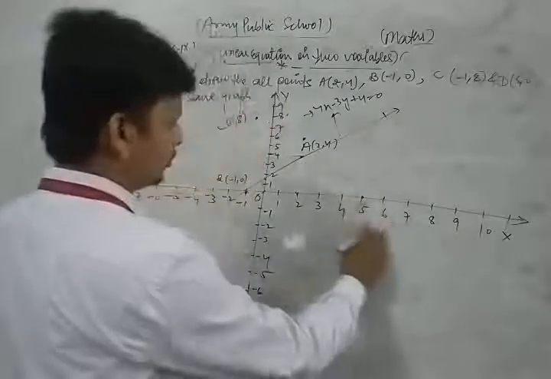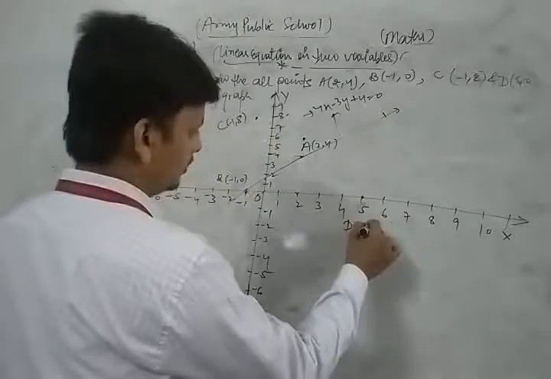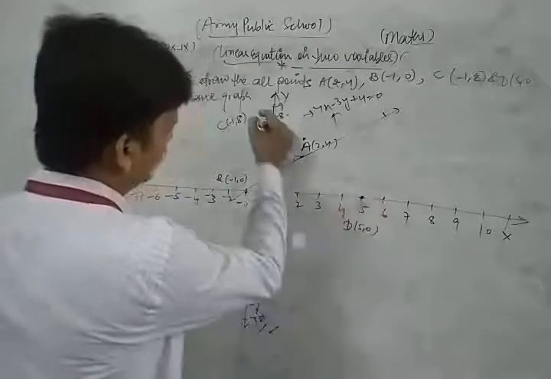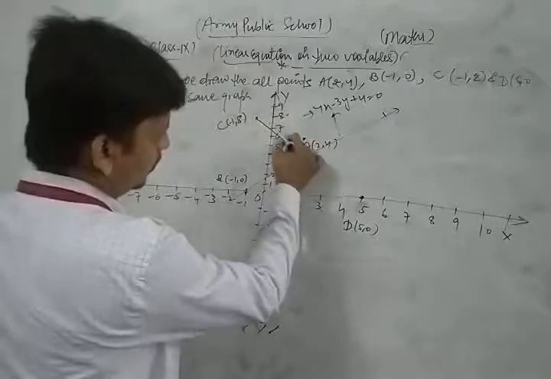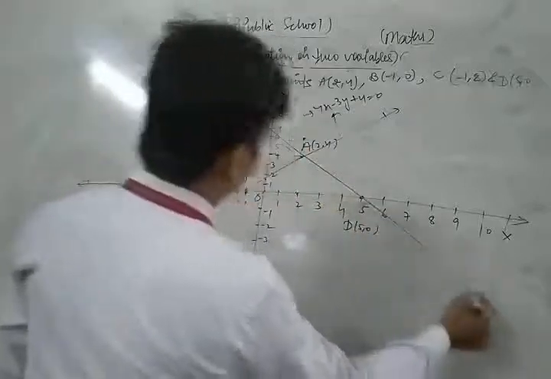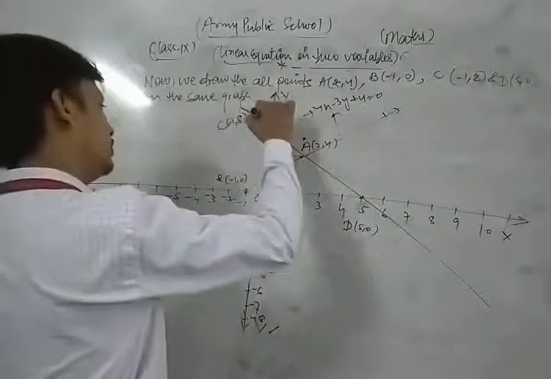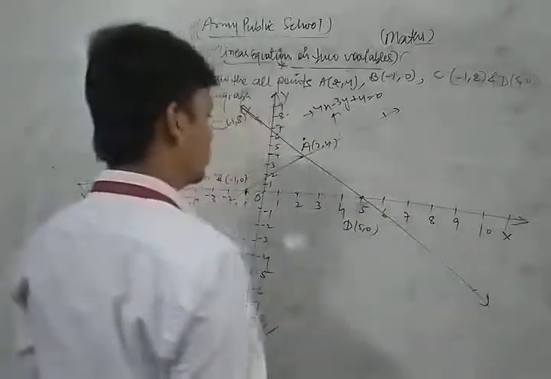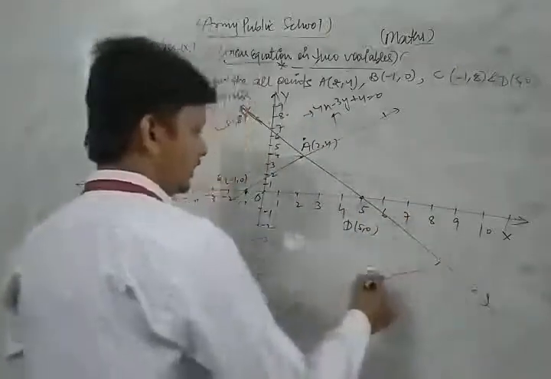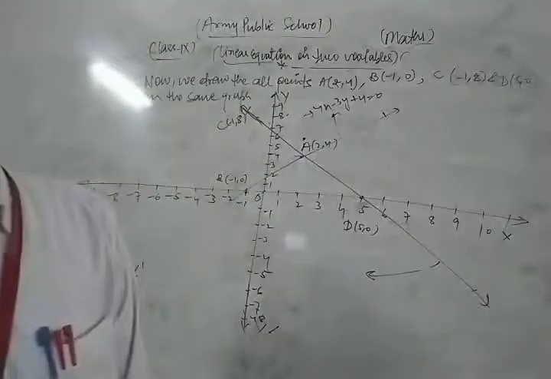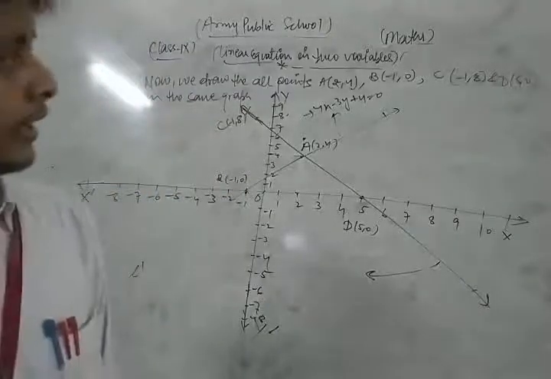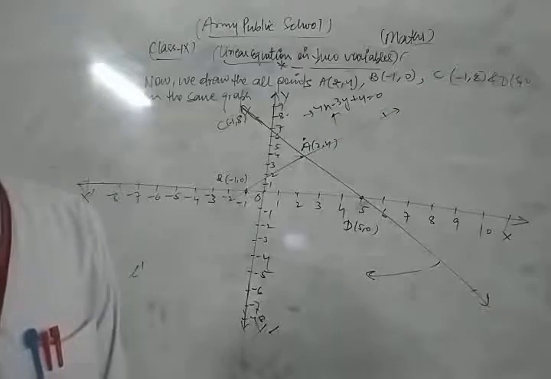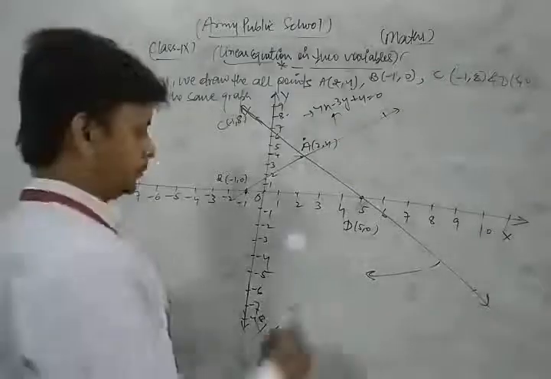Now the point D, (5, 0), is there. Now we join and produce. Okay, this is the graph of the second equation of the line, which is given as 4x plus 3y minus 20.